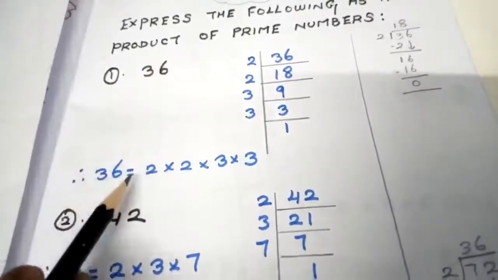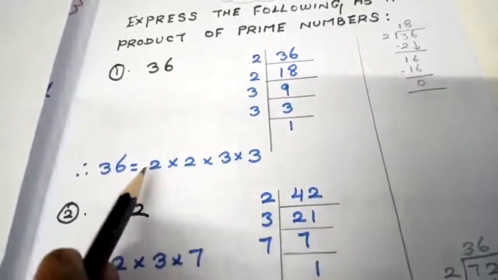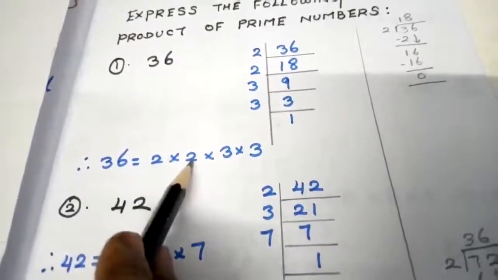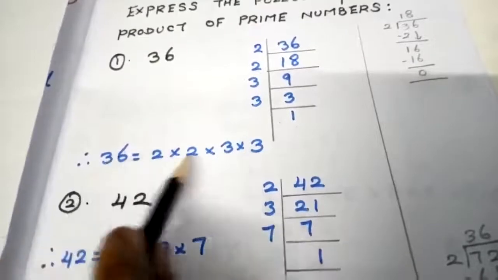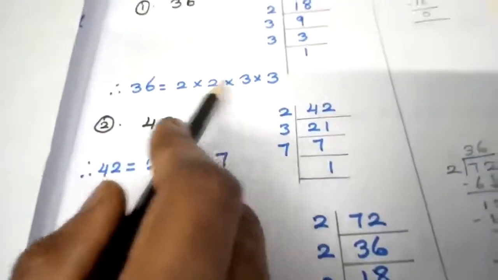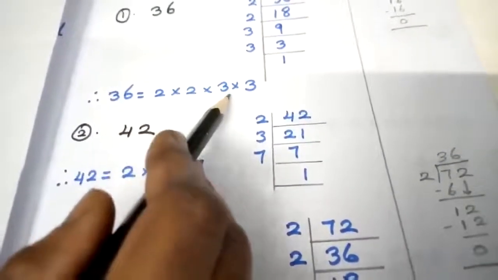I am expressing 36 as a product of prime numbers: 2 into 2 into 3 into 3. 2 2s are 4, 4 3s are 12, 12 3s are 36. That is prime factorization, splitting a number into prime numbers.